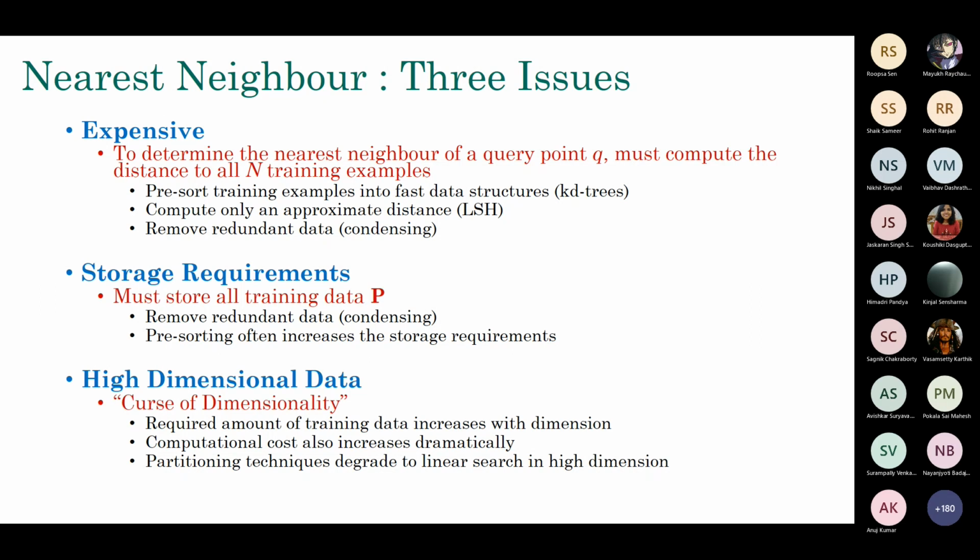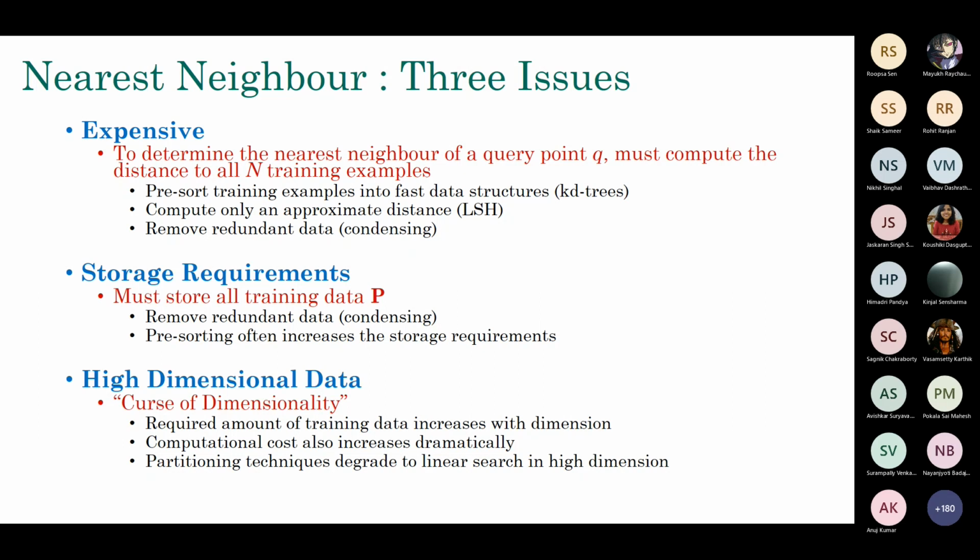It's a tree-like data structure on the high dimensional space, something like a binary search tree, but on high dimensional data. So you can organize your data using a tree and then use that tree structure to quickly figure out the k-nearest neighbors. People also use locality sensitive hashing to figure out the approximate distance between two feature vectors.